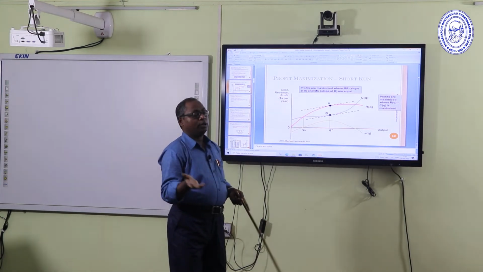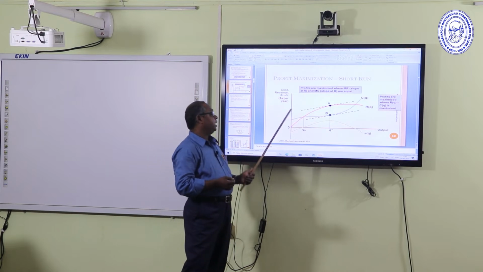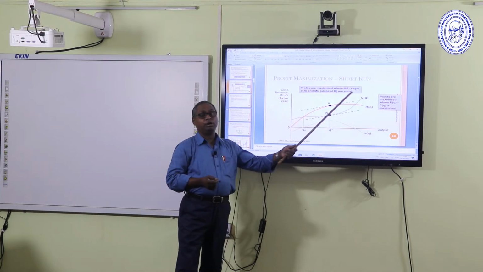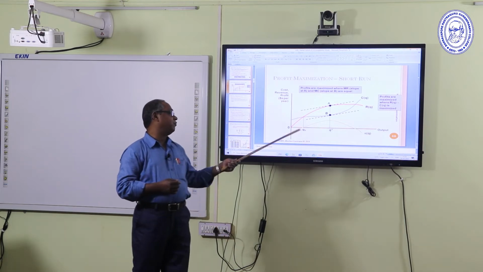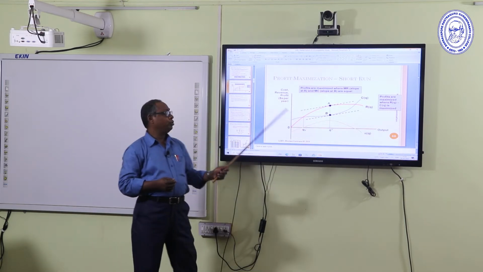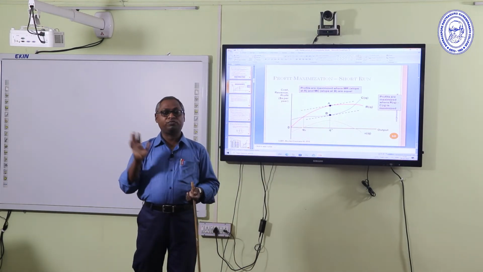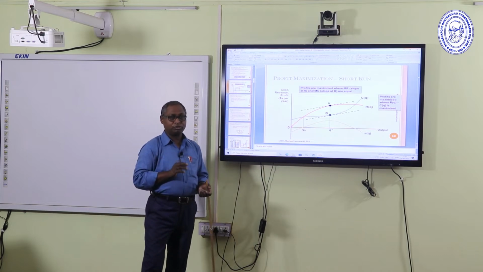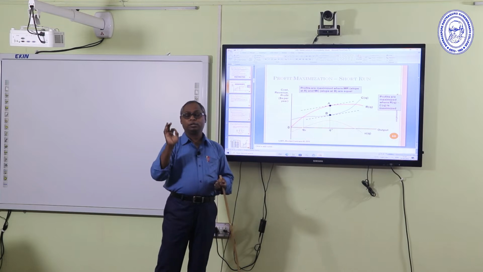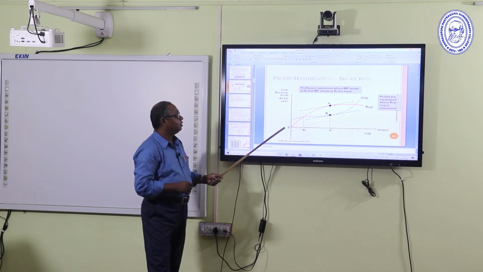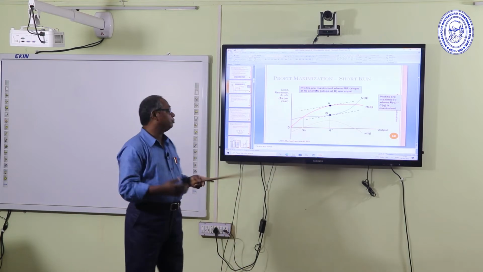Because I have explained in the theory of cost classes, where the variability of the law of production acts in terms of the inverse cost function. So here the slope of the CQ, total cost function, gives the total variable cost, and the intercept of this curve is called fixed cost. And the total revenue curve starts from the origin, because if you do not sell anything, your revenue is zero.